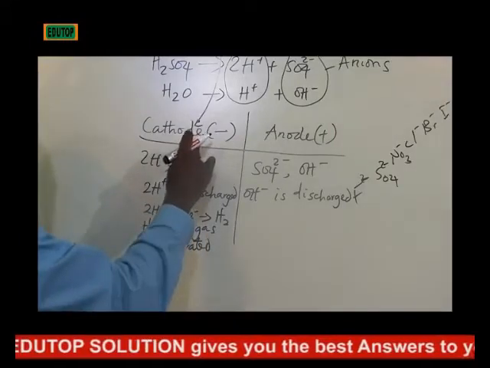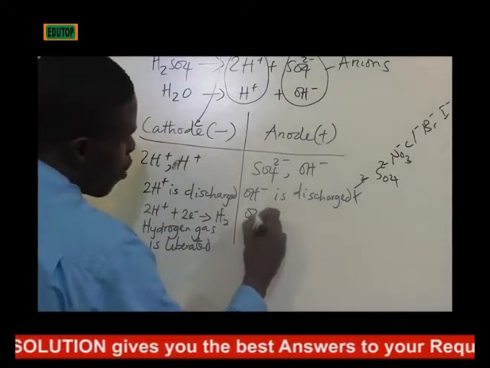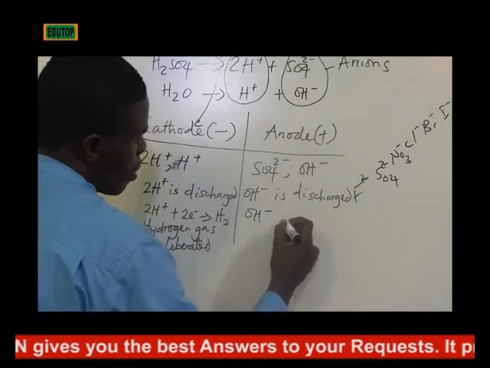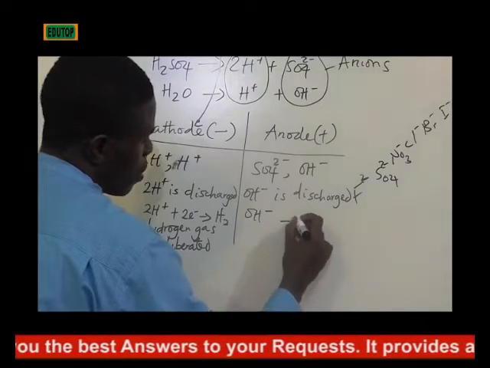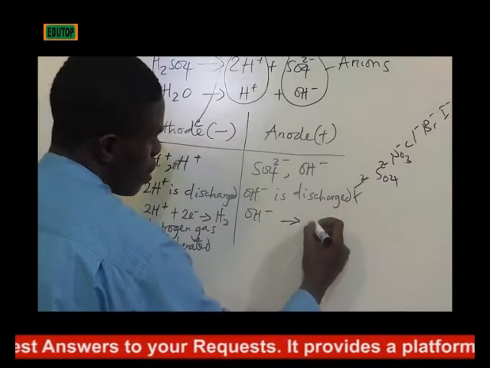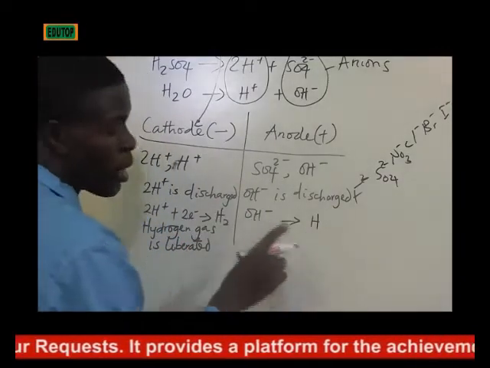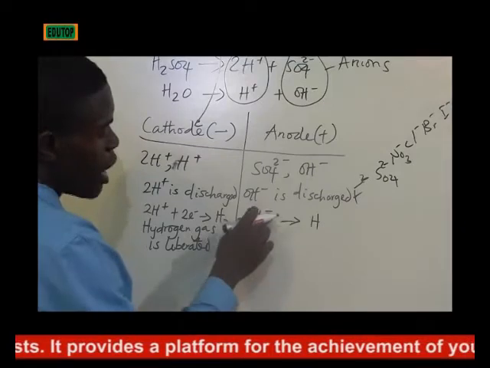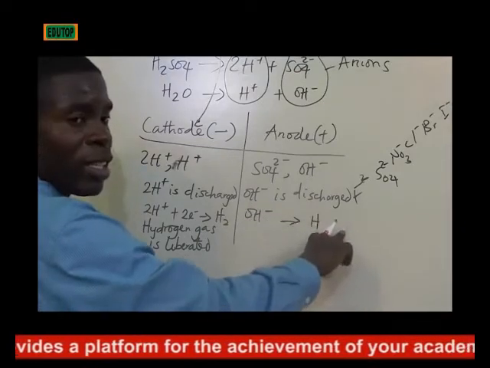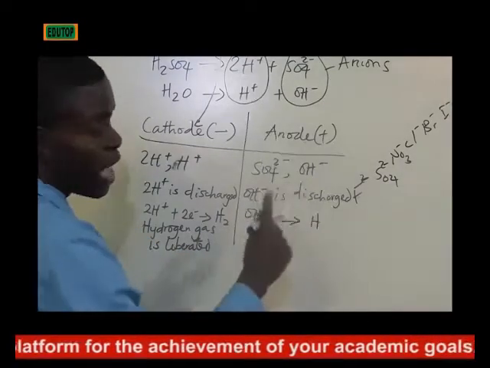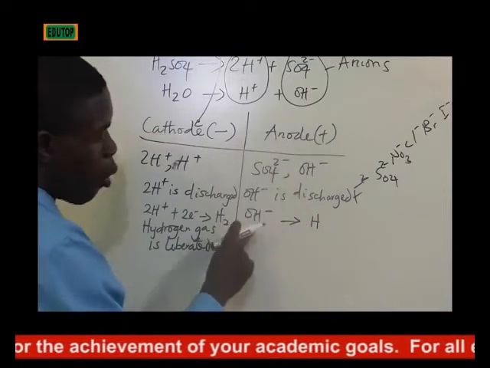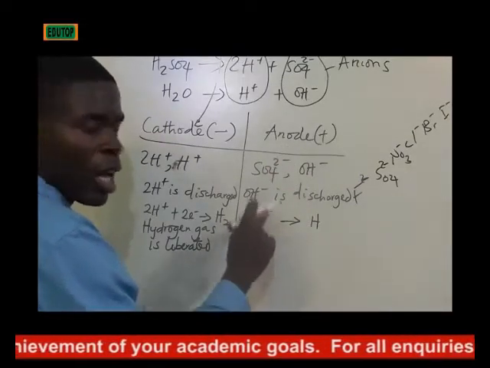At the cathode, here you have OH minus. It must be noted that for every OH minus, to get the equivalent oxygen, it has to be 4 moles of hydroxyl ion.